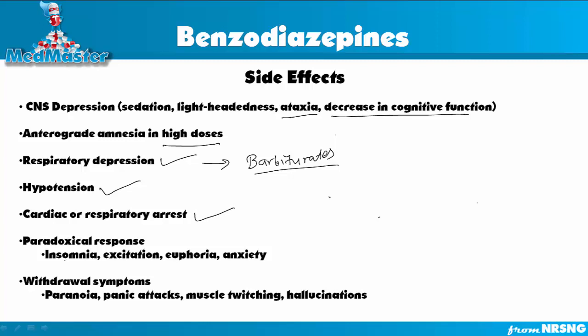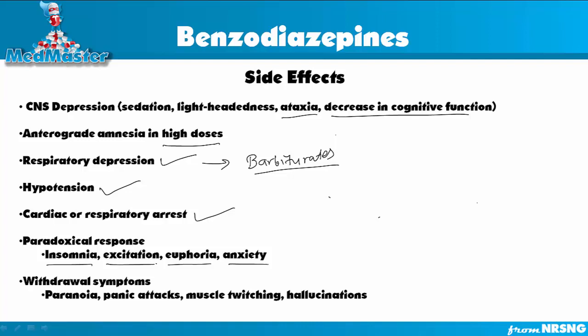Now, sometimes if the patient is on this medication and they suddenly stop, like if they're taking this medication for 6 months, 12 months, and then they suddenly stop, this can cause a paradoxical response. So it can cause the opposite. It can cause very bad insomnia, excitation, euphoria, and anxiety. So you don't want to suddenly stop these medications.